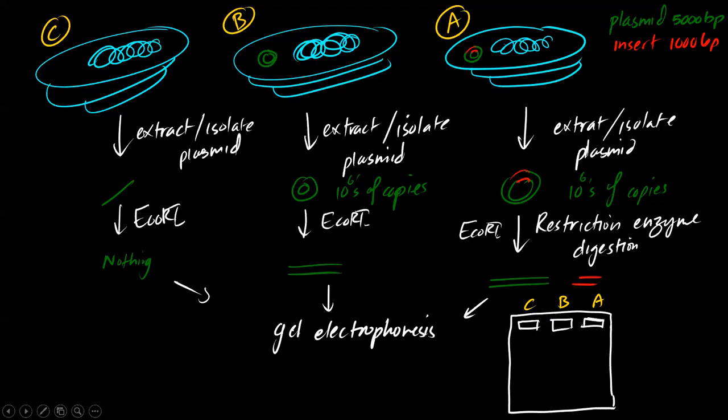Okay. So in lane A, which corresponds to the sample of the plasmids extracted from bacteria A and cut with EcoR1, how many bands will we see? We will see 2 bands. One of them is large, one of them is smaller.